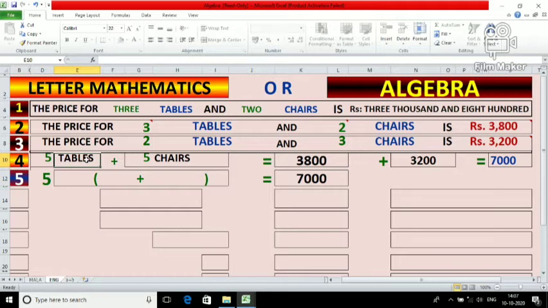Now the table is to be referred to by a letter here. We can choose A here. Instead of chair, we are using another letter. We choose B here. We can select any letter. Now we have selected A and B respectively.